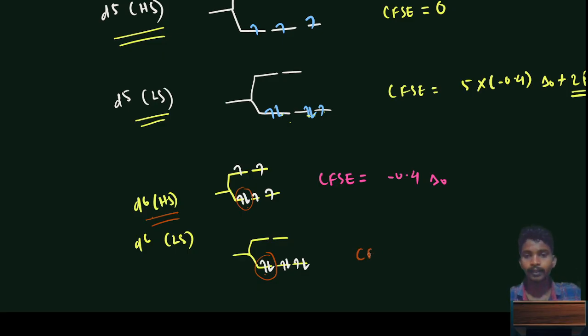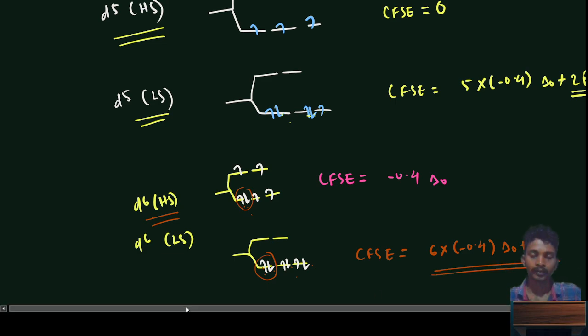If you calculate the CFSE for this case, it will be 6 into minus 0.4 delta naught plus 2p, not 3p. Why? Because this one is coming automatically, since if you do high spin, pairing also happens. So this will be the CFSE. This way, if anything is common to both high spin and low spin, that pairing gets cancelled, and we calculate the CFSE without adding it.